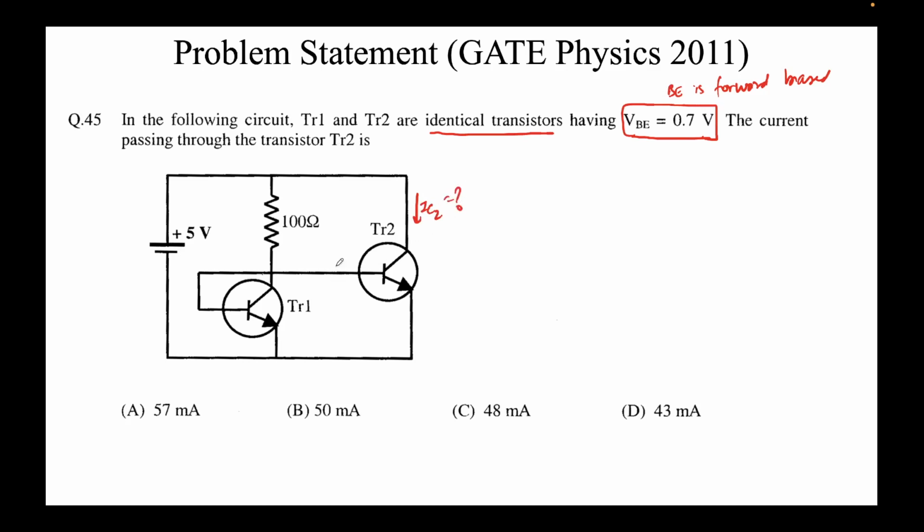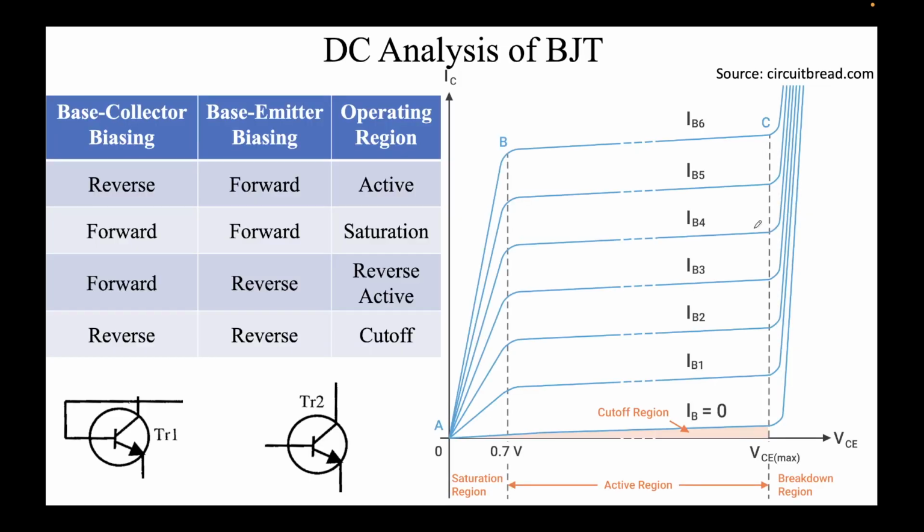Now, whenever a question for BJT comes, you have to make sure in which region the transistors are operating. Just a few minutes ago we talked about the 4 regions, right? These are the 4 regions that we had talked about. When base emitter is forward, as given in the question, and the base collector is reverse biased, that is the amplifier region.